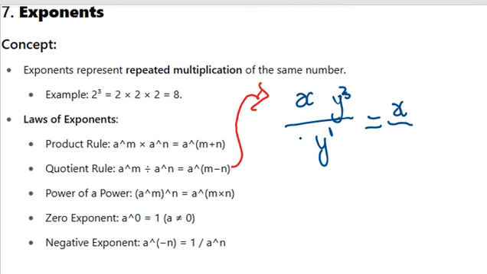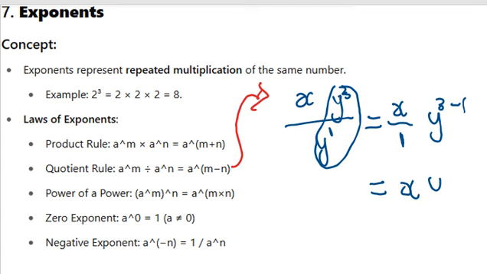Since there's no other x, we have just put 1. Then let us deal with the one with the same variable. Here we have y to the exponent 3 over y to the exponent 1, so take y and 3 minus 1. Anything divided by 1, x divided by 1, is x. So that's why we had that in our previous example. It's because x is above, and since there's nothing matching x, we put 1. Keep that in mind.